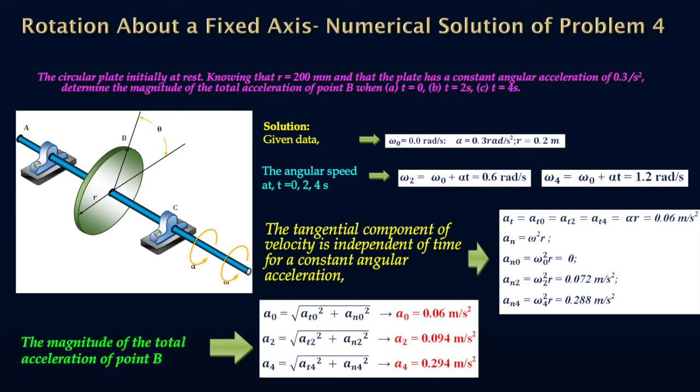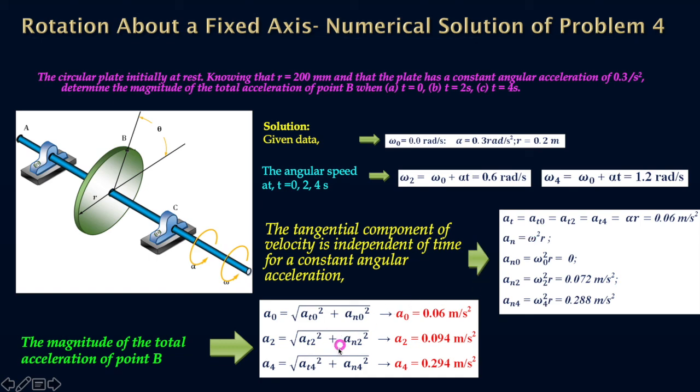Now we have to add the tangential and normal components. At the initial condition, the magnitude of acceleration is the square root of at square plus an square. Here the normal component an is 0 initially, and at is constant, so it remains the same.